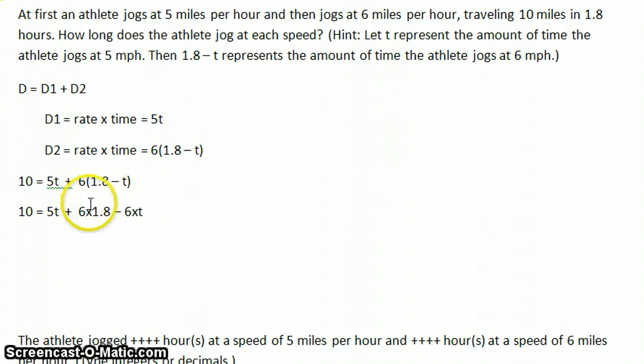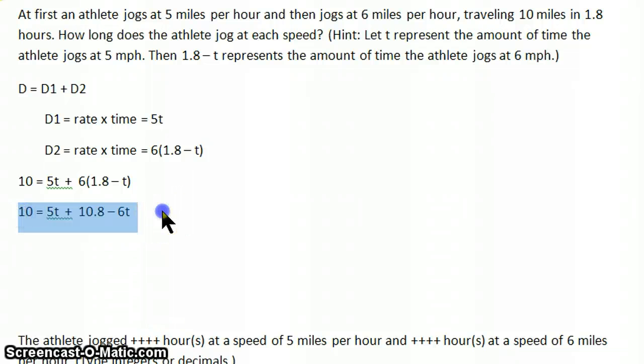I'm going to have 6 times 1.8, and then also 6 times t over here. 6 times 1.8, if you multiply it out, that is going to be 10.8 as my number there, and this is just 6t.